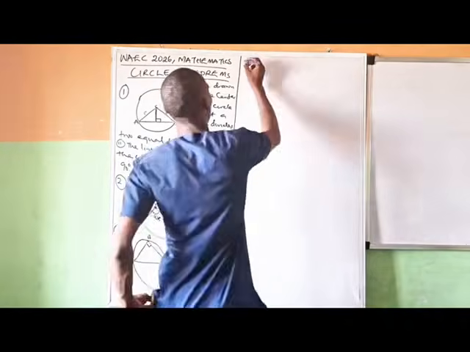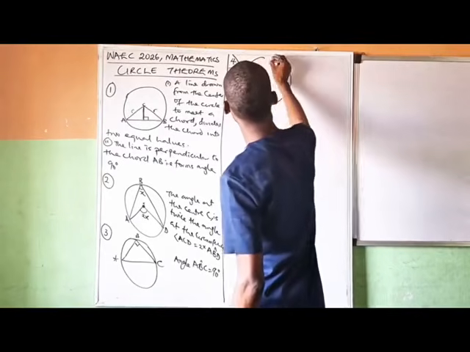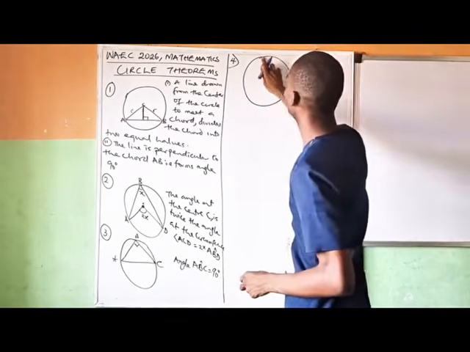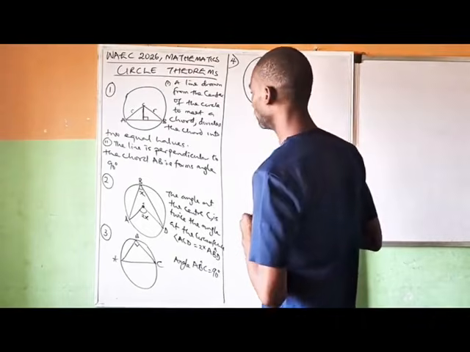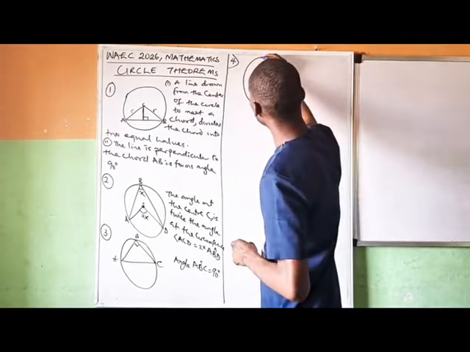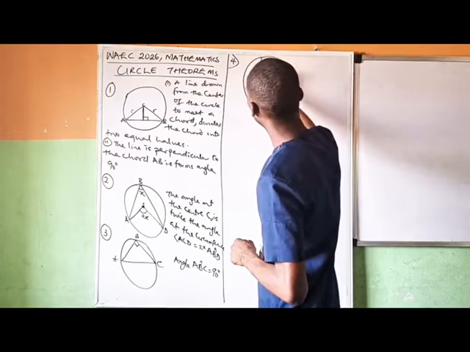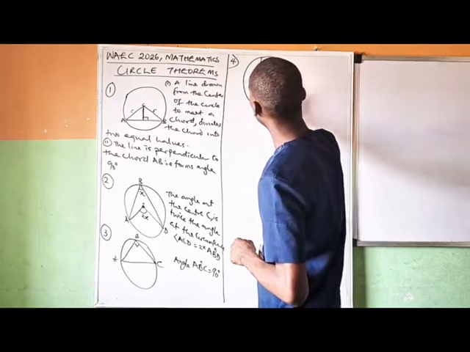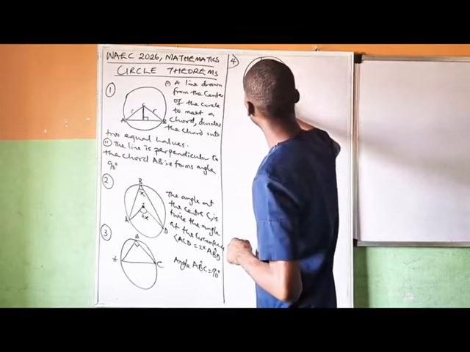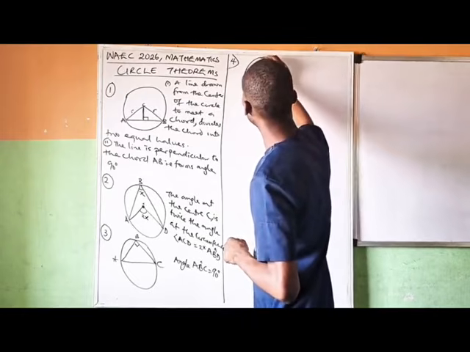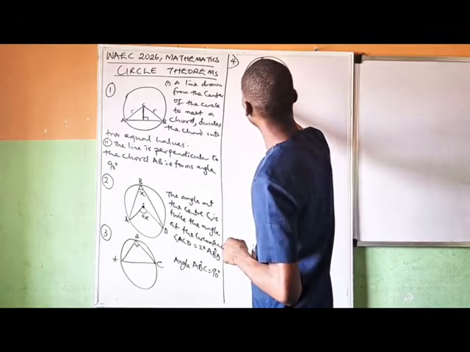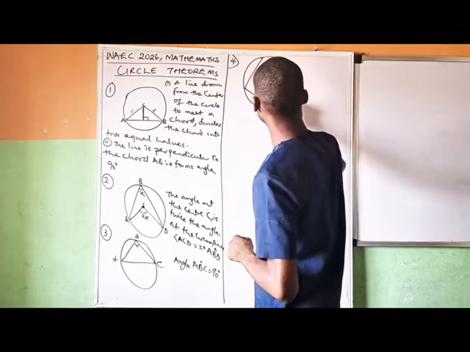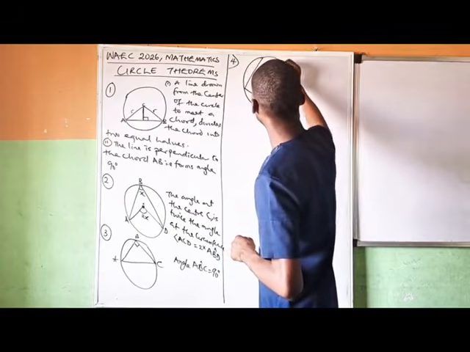So number 4, if I have a circle like this, okay, let's take this. I take this, take this, take this, and I take this.